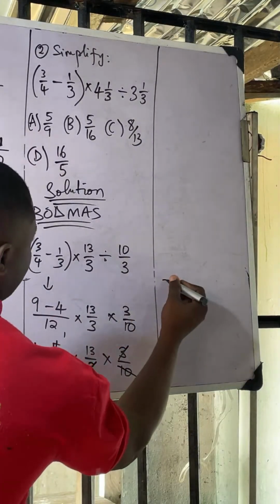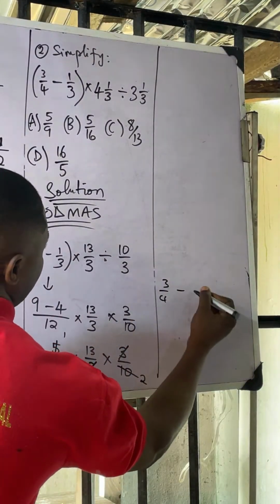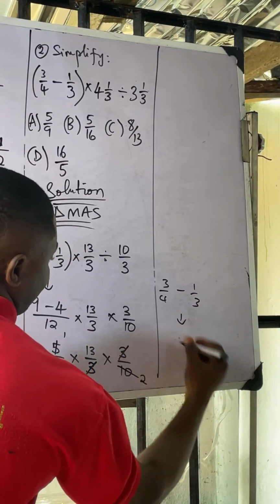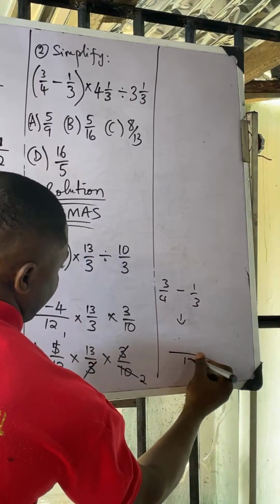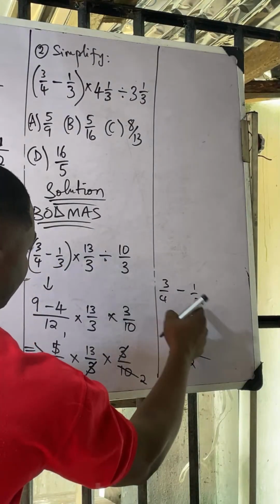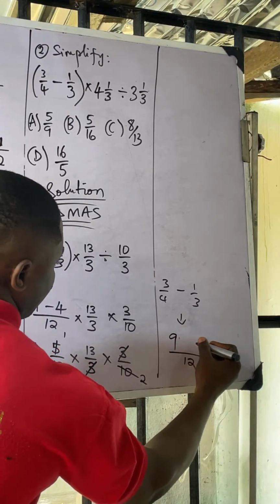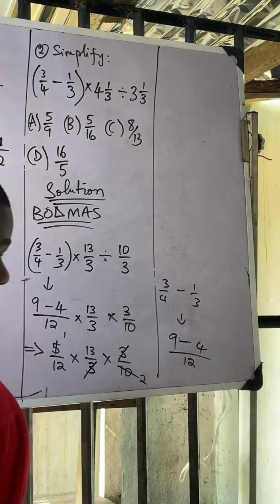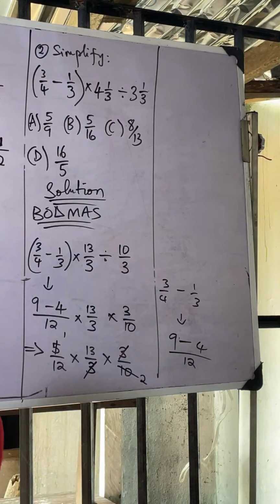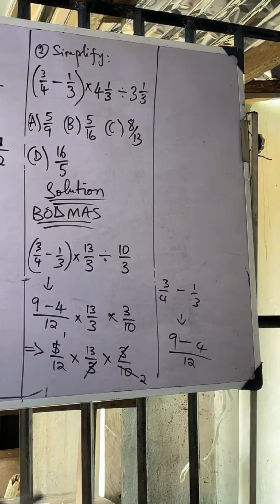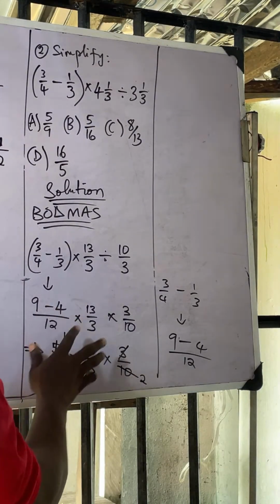Because in a fraction, when they give you 3 over 4 minus 1 over 3, the shortcut is just this. Do 4 times 3, that is 12, put it down. Then 3 times 3, that is 9, put it here. 4 times 1, that is 4. Then you subtract. Are you seeing it now? That is the shortcut. It's very easy, but I want something that you understand fundamentally.